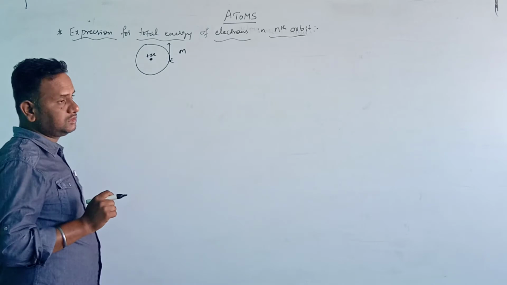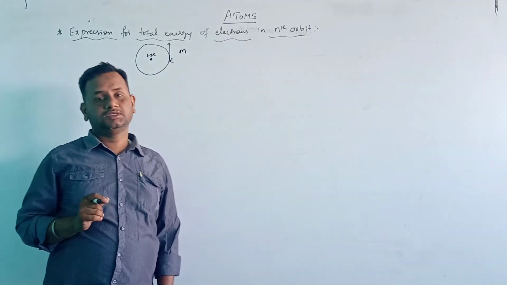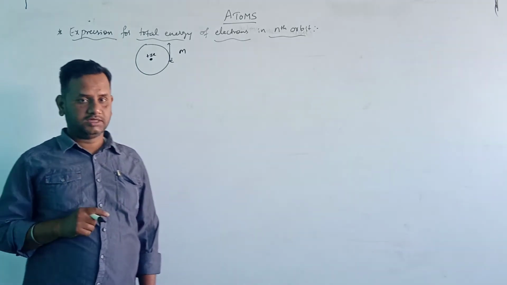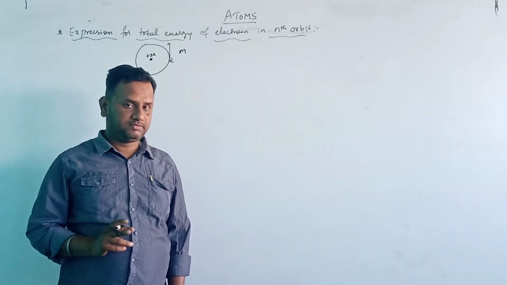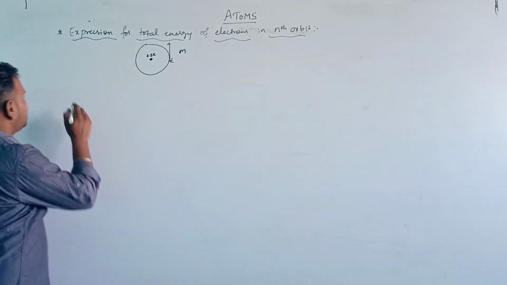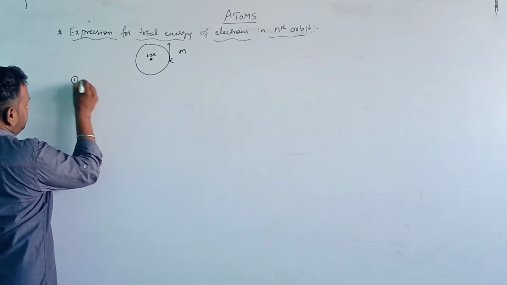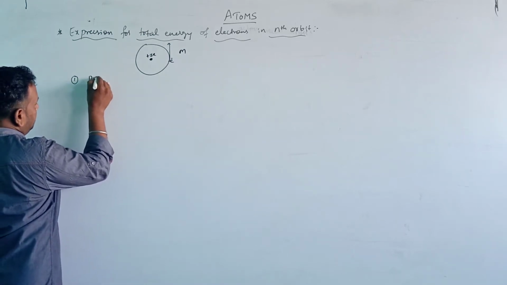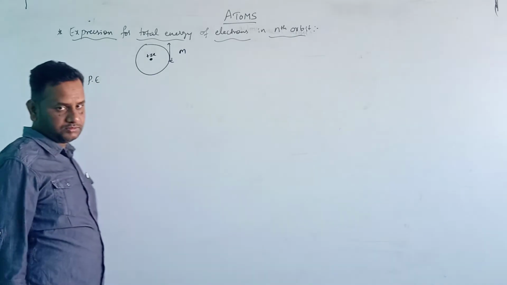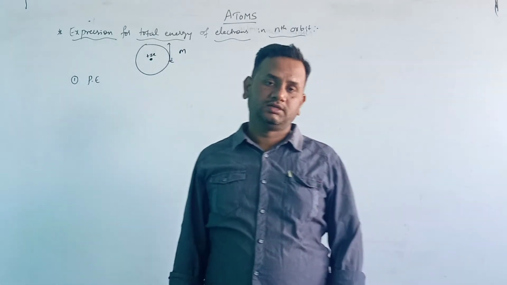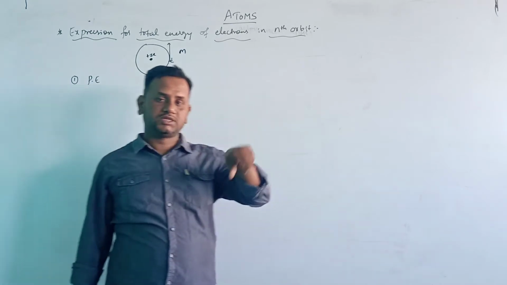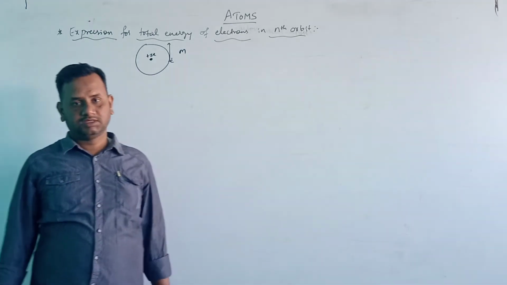Now, as this electron is revolving around the nucleus, it has two energies. The first one is potential energy, because it is in the electrostatic field of the nucleus.